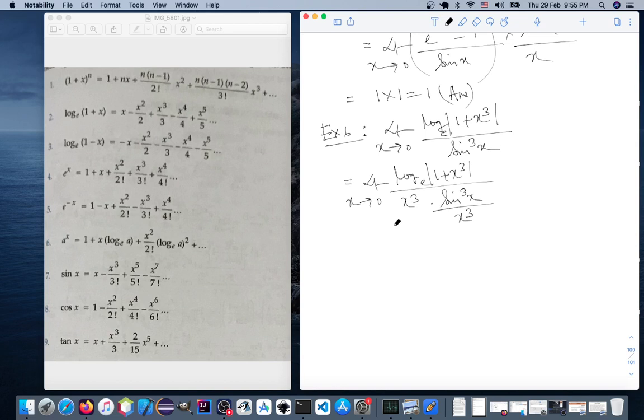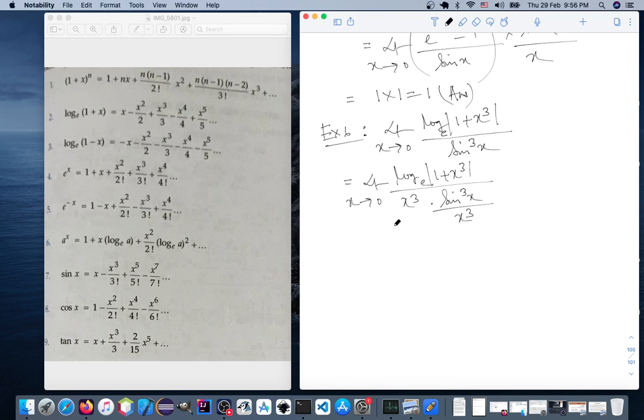If there was no mod, we would see that the answer is 1. But we have mod of 1 plus x cube. What is the purpose of giving the mod?